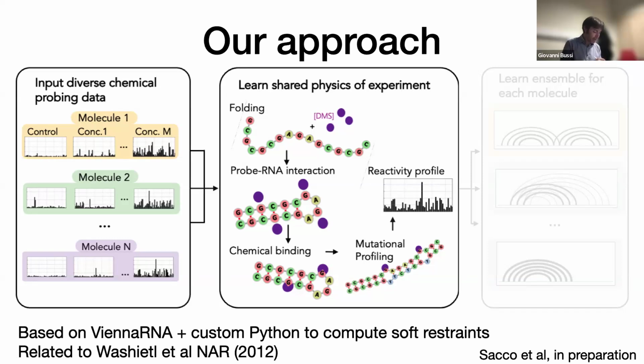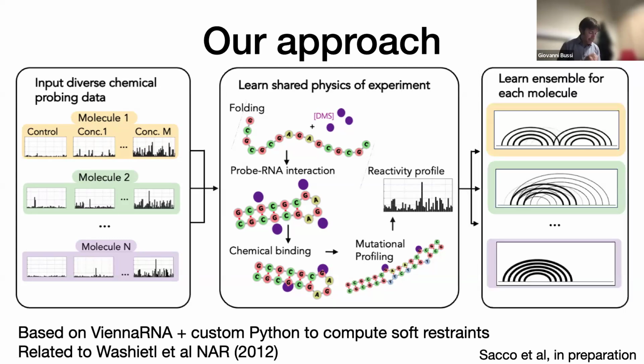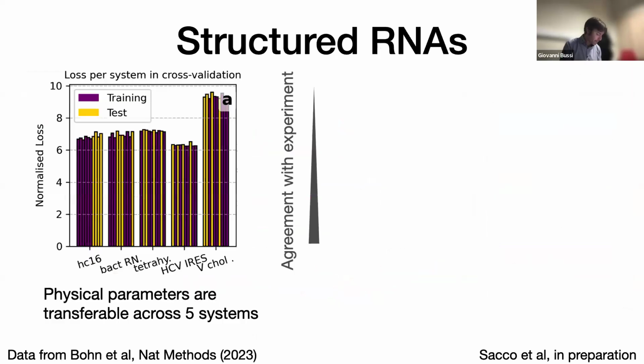So we can model all the steps of the experiment, and this results in a total of something like 15 parameters that are all interpretable, that we can fit by generating an initial hypothesis for the RNA ensemble and fitting these parameters on the measured experimental data. And once we have these parameters, we can try to abandon the idea that the original ensemble predicted with Vienna, with the thermodynamic model, was right, and try to further optimize the ensemble to obtain the ensemble that best matches the experiment. So let's see this in action.